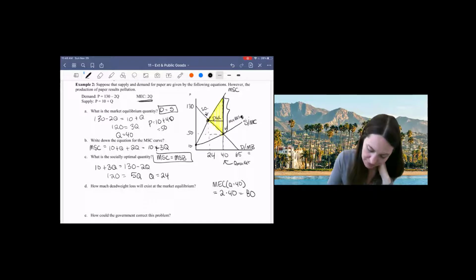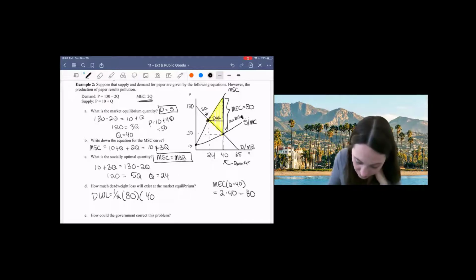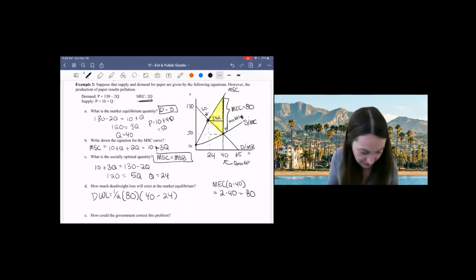And so marginal external cost is equal to 80. And then we can calculate that deadweight loss triangle is 1/2 times 80 times (40 minus 24).